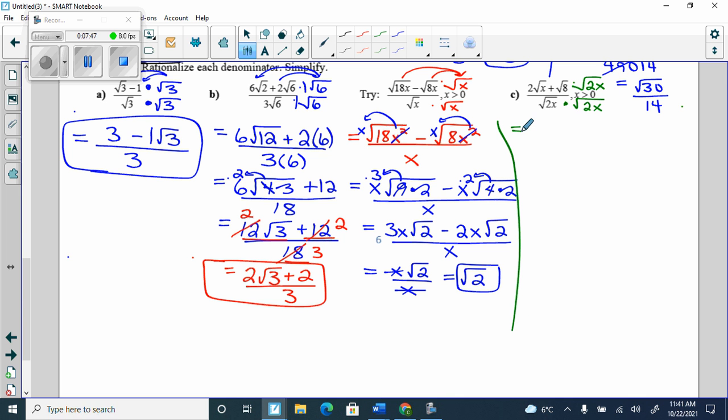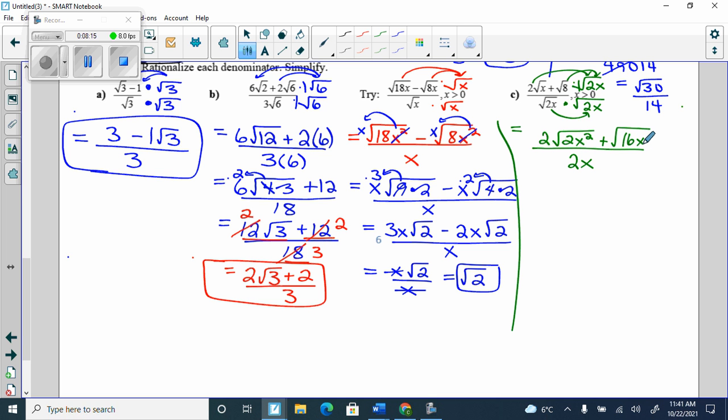So I'm going to get root 2x times root 2x is 2x. Square root goes away. Then I get 2 times 1, which is 2. And then root x times 2x is 2x squared. And then negative 8 times 2x is positive root 16x.